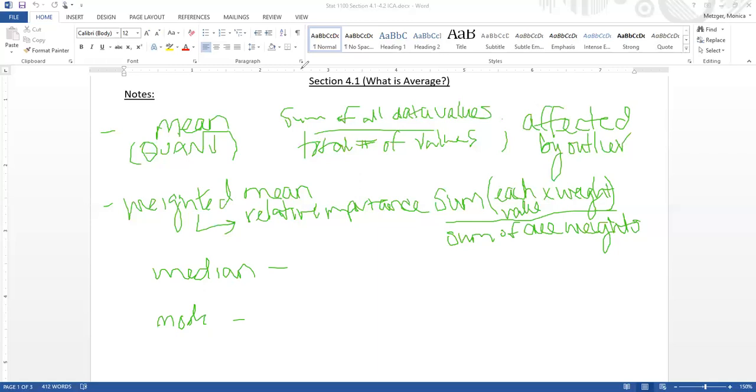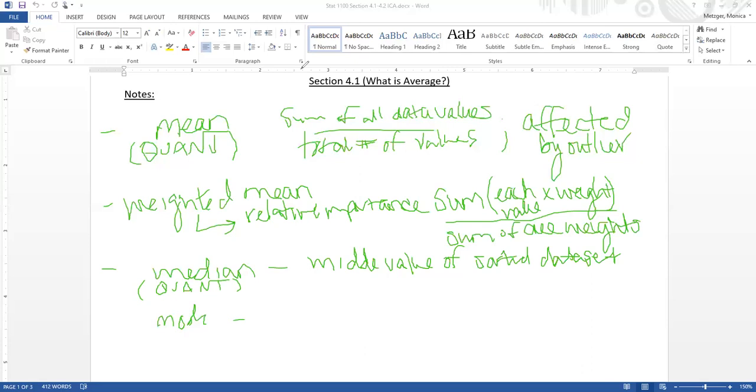We're talking about the middle value of a sorted data set. So it can't just be in any order. It has to be sorted. And this is also for quantitative data.